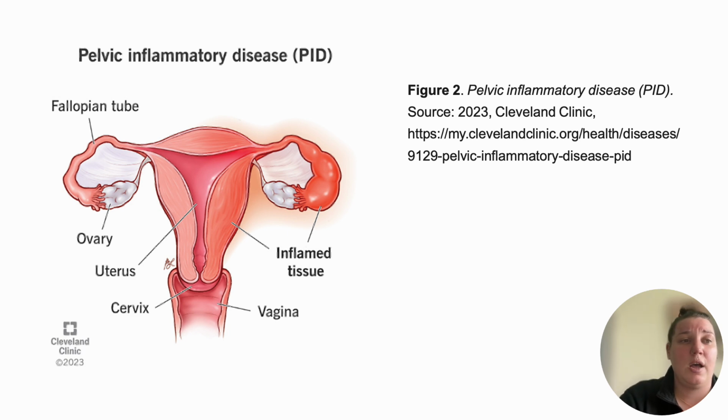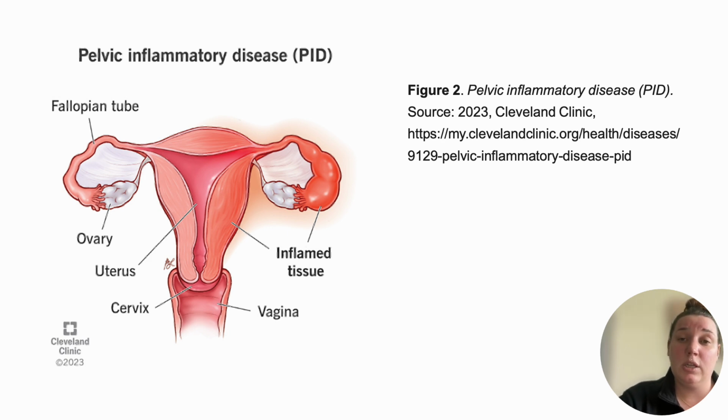They may have cervicitis, which is an inflammation of the cervix, discharge, and often salpingitis. Salpingitis is known as pelvic inflammatory disease, or PID, and you can see this in figure 2. So what is happening is there is an infection within the uterus, the fallopian tubes or ovaries, and what happens is there's typically a lot of scarring.